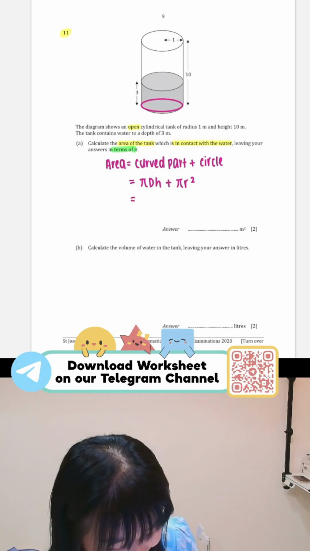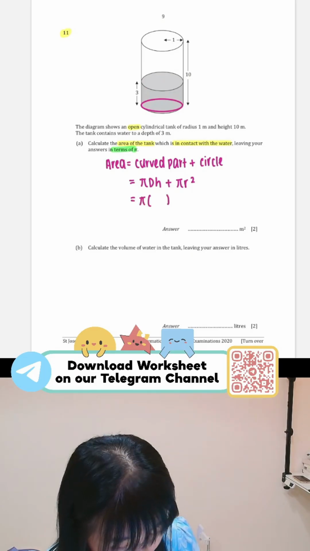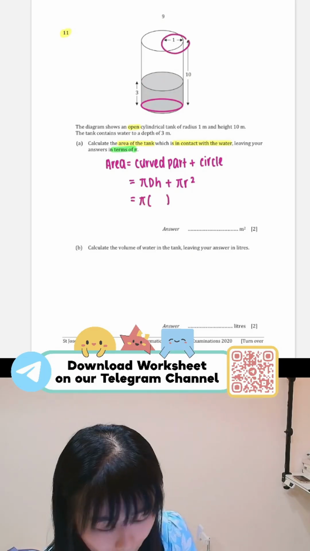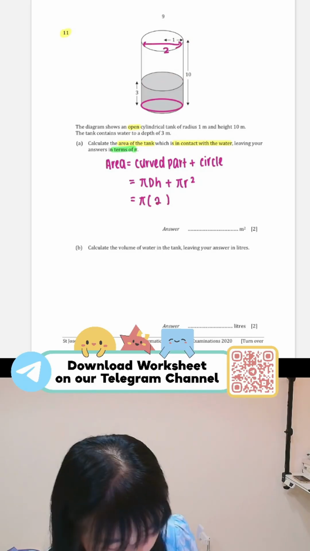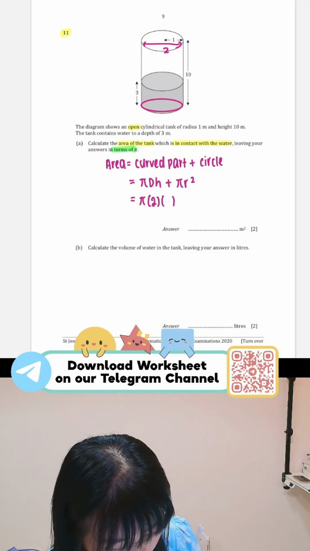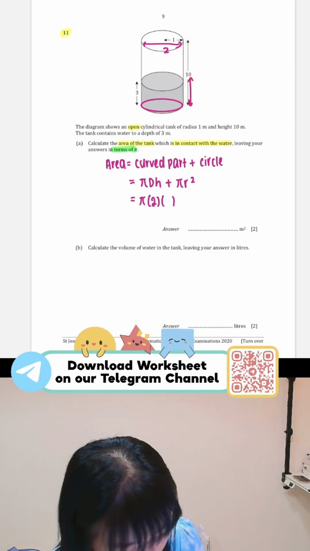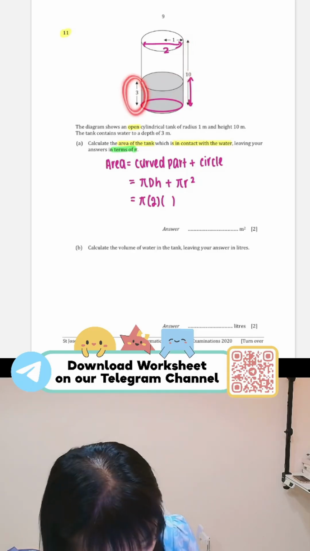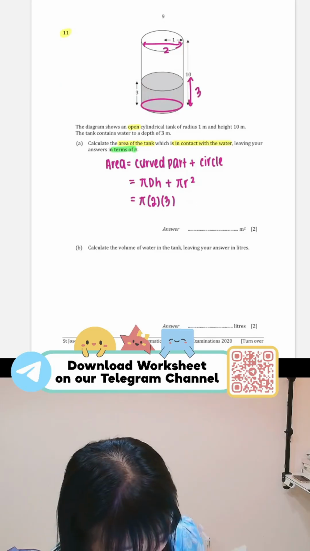Very good. Since they asked us to leave it in terms of pi, I'm just going to keep the pi there. If my radius is 1, my diameter must be 2. And my height of the water, I don't need to take 10 minus 3, it's already 3.